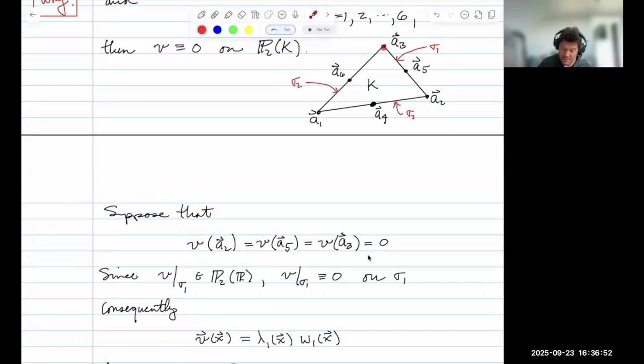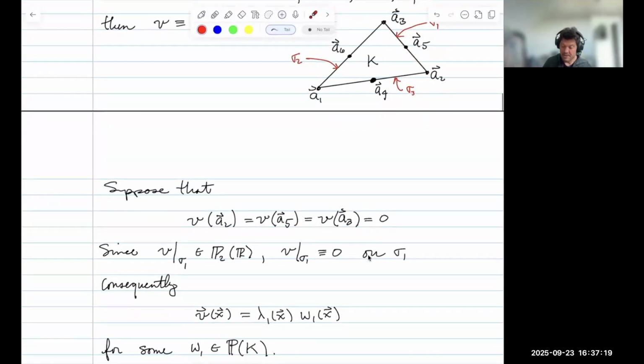Lambda 1 is 0 along that line. It's equal to a quarter along that line. It's equal to a half, 3/4 along that line. And finally, it's equal to 1 at that point, and then of course all values in between. That's lambda 1, the barycentric coordinate.